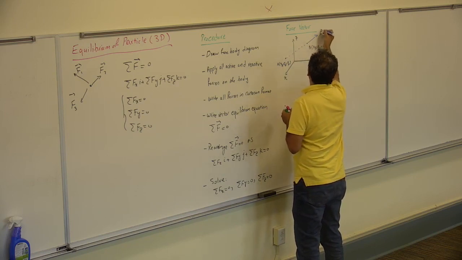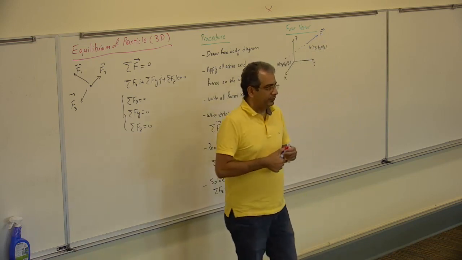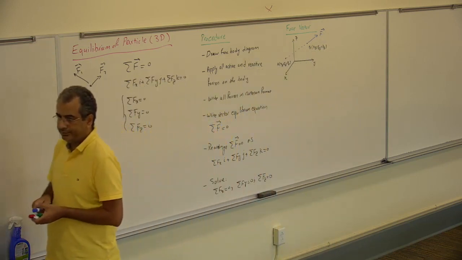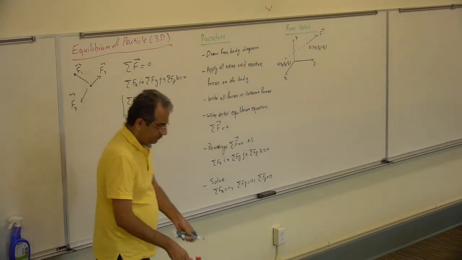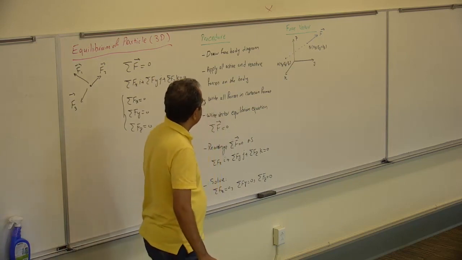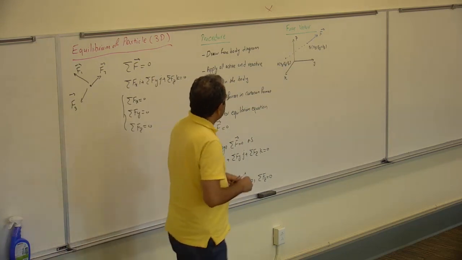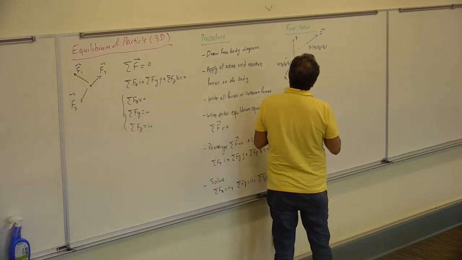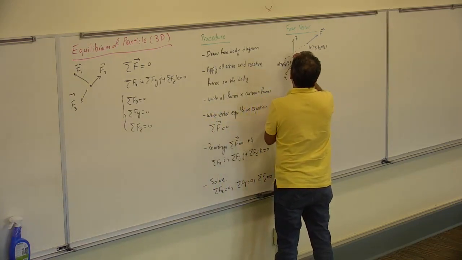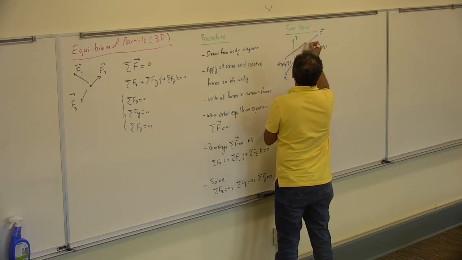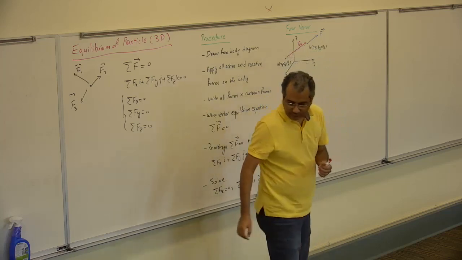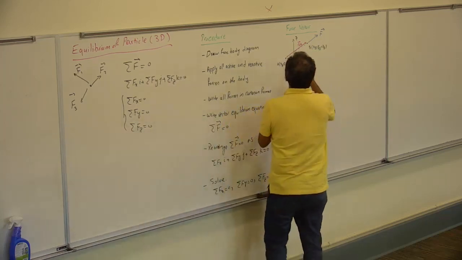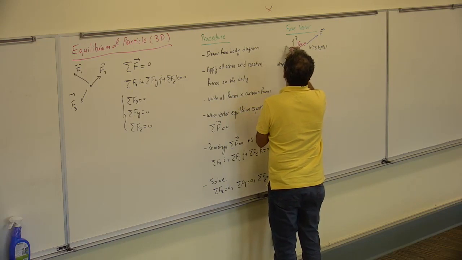This is the F that we want to find. In order to find that, you have to find the position vector, RAB, and then the unit vector, UAB.